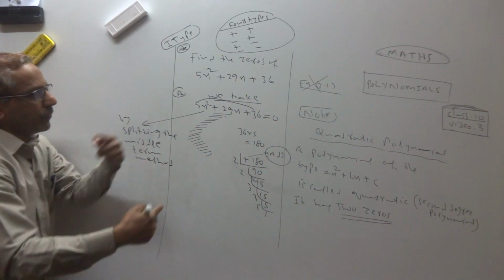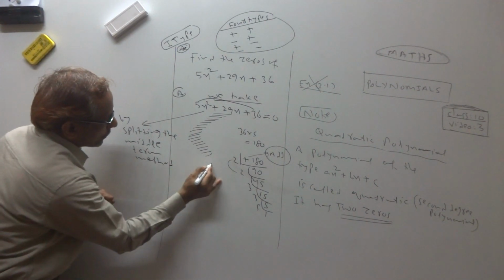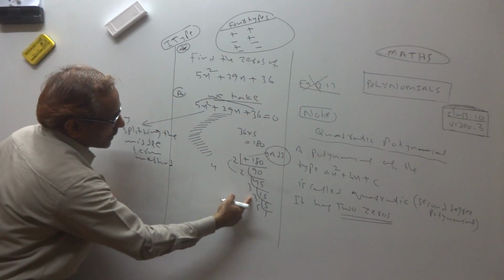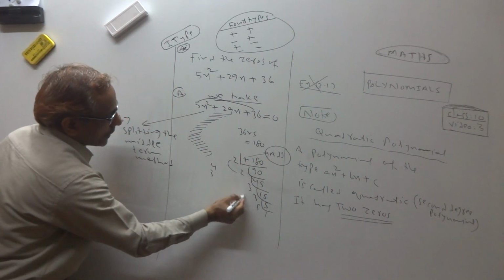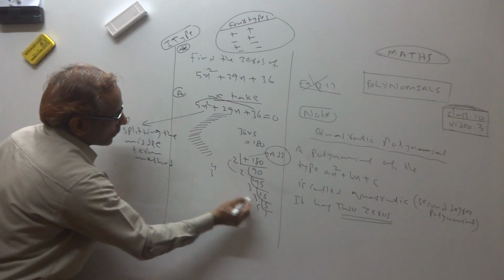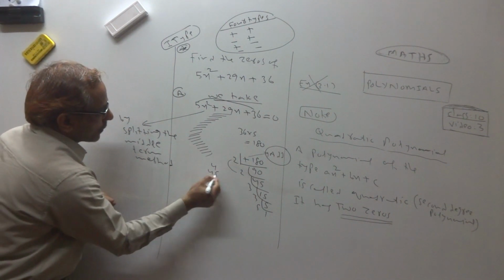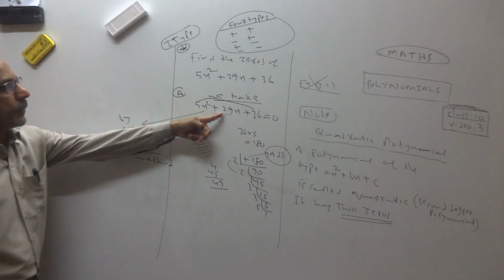If we add them, we should get 29. See, 2 twos are 4, 3 threes are 9, 9 fives are 45. 45 plus 4, 49. See, I am not getting 29.